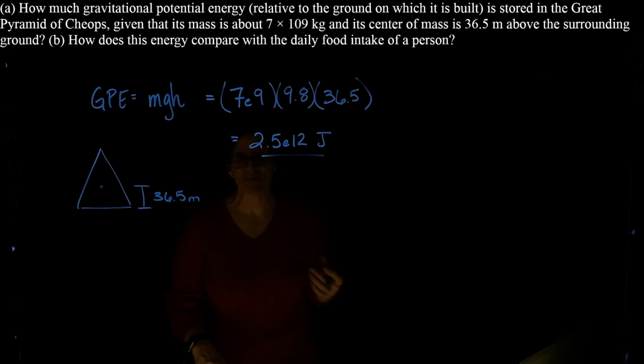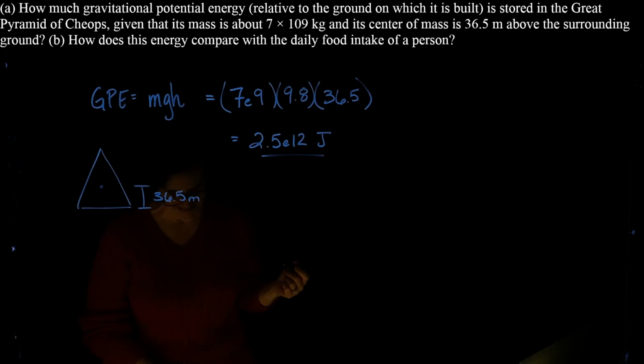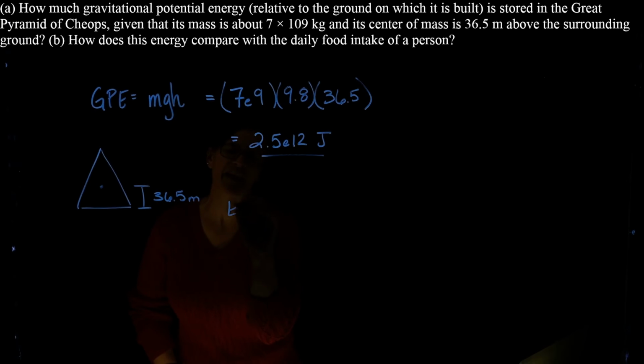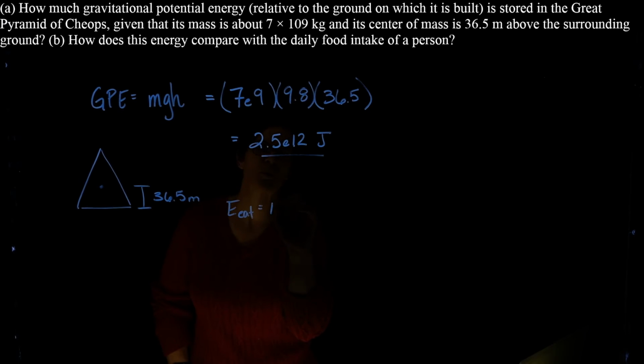Well, if we look up the average caloric intake of a person, we found that the energy of eating for the daily average is about 12,000 kilojoules per day.